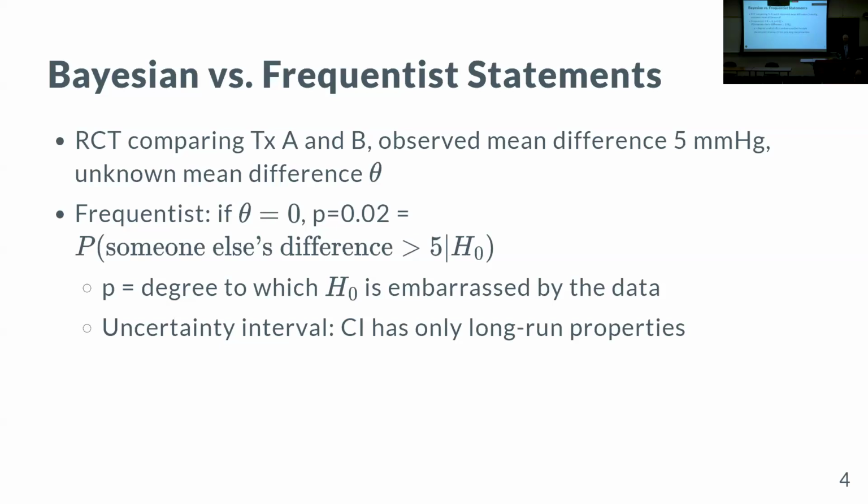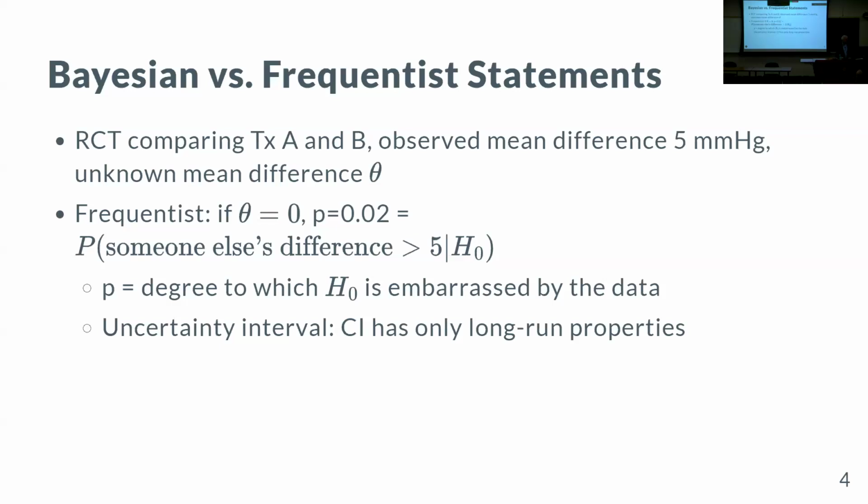So you're talking about the probability of observing someone else's data given your null hypothesis. So that's what the 0.02 means. So it's the degree to which the null hypothesis is embarrassed by the data. That's the most general way to state a p-value. And I forget whom to give that attribution to. It was a wonderful quote.